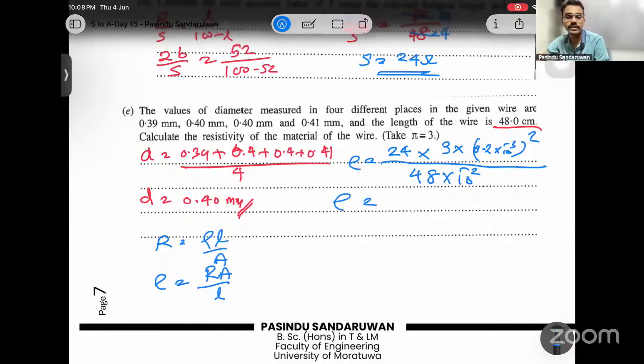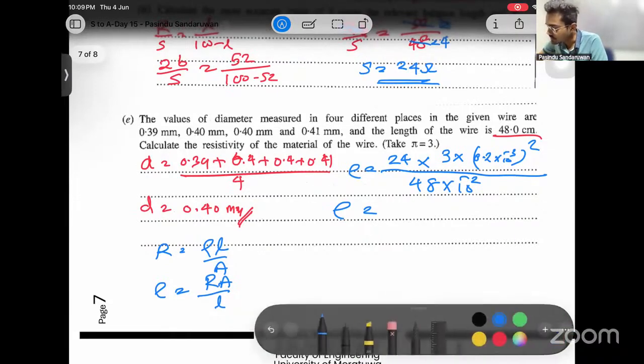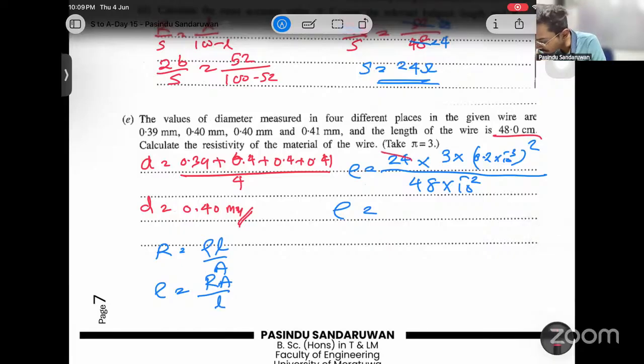Now we have to simplify this. This cancels 24 and 48, giving 24 times 2. Then simplify the rest: 3 times 0.2 times 10 to the minus 3, squared, means 2 times 10 to the minus 4 squared, so 4 times 10 to the minus 8, over 2 times 10 to the minus 2.